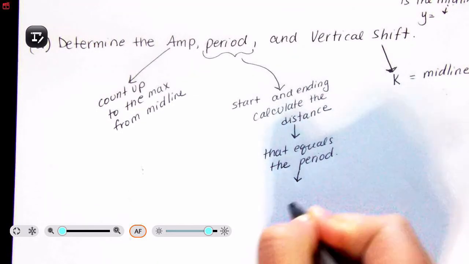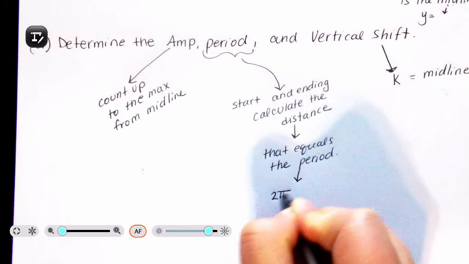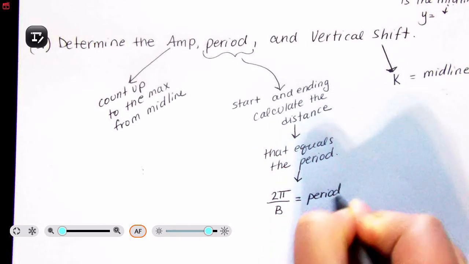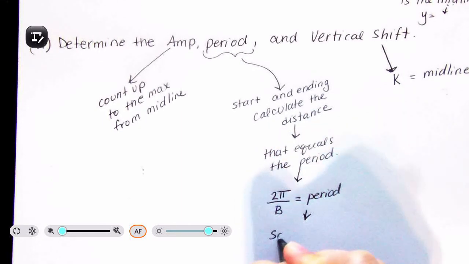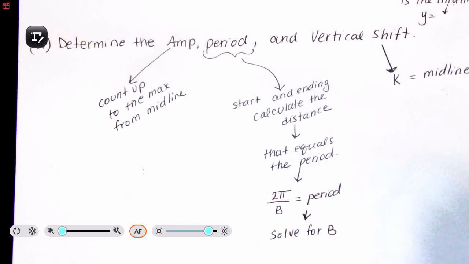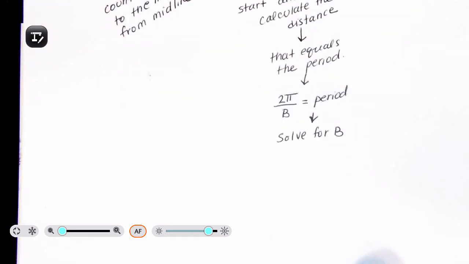So then you're going to use 2 pi divided by B is equal to your period, and you're going to solve for B. Okay, so that's step number 2. Step number 2 has 3 different chunks. So you have your amplitude, you have your period that you use to solve for B, and then you have your midline.